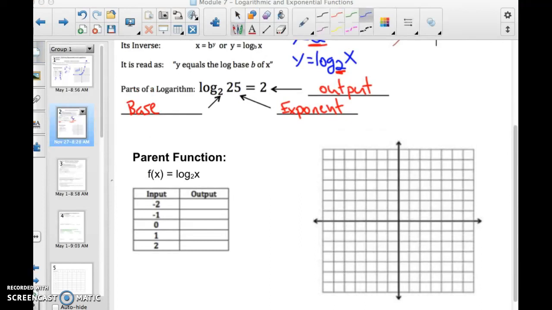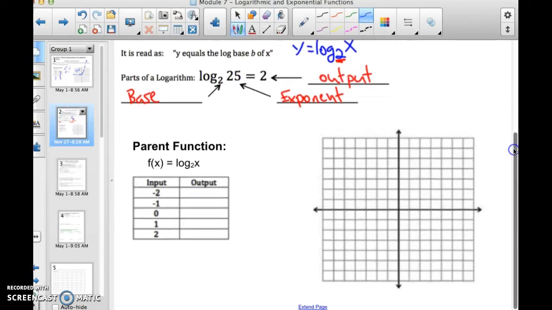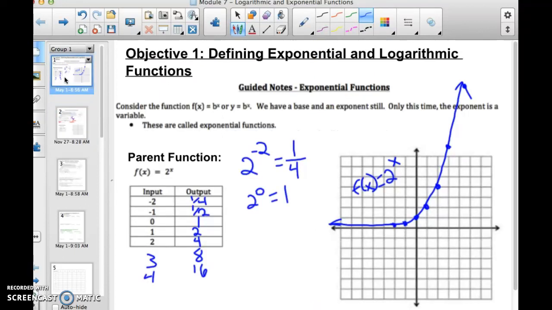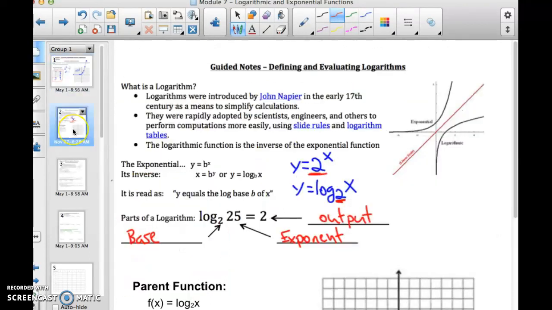Now, if I'm going to graph this, it's important to note, because the log base 2 of x is the inverse of the exponential function 2 raised to the x, then I can take these inputs down here and outputs and switch them for the logarithmic function.